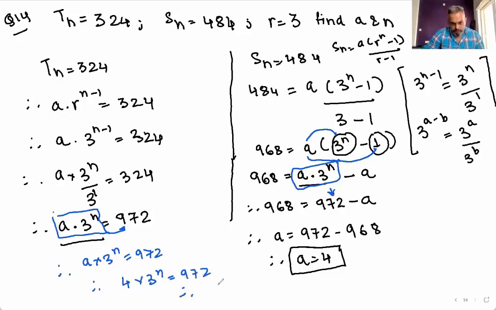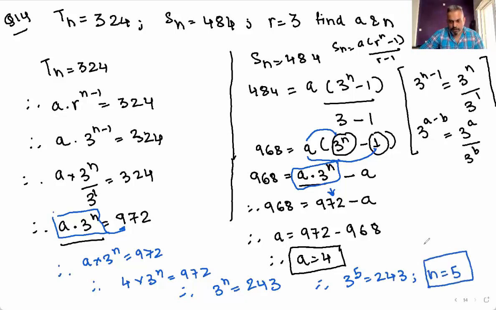Therefore 3 raised to n is equal to 972 divided by 4, which is 243. Therefore 3 raised to 5 is equal to 243. So n is equal to 5. So a is equal to 4, n is equal to 5. Answer.